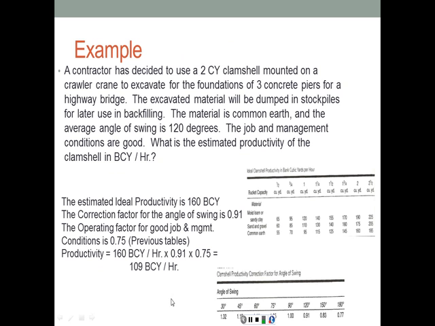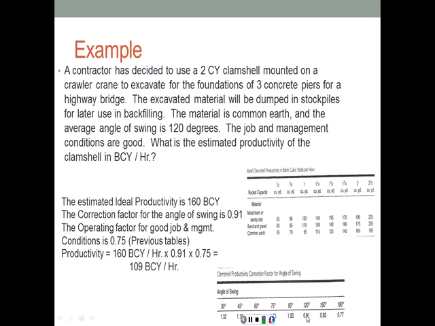So here we're going to look at the table. The bucket size is 2 cubic yards. We are digging into common earth. So 2 cubic yards with common earth gives us 160 bank cubic yards per hour. Now the factor due to the swing angle, we have a swing angle of 120 degrees, which is a factor of 0.91.